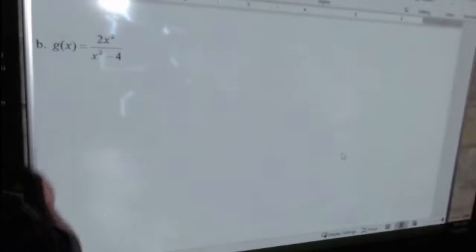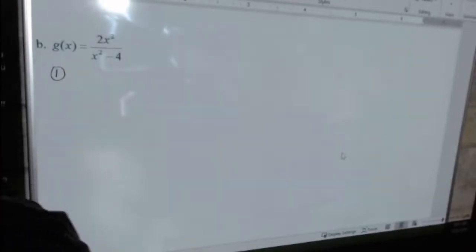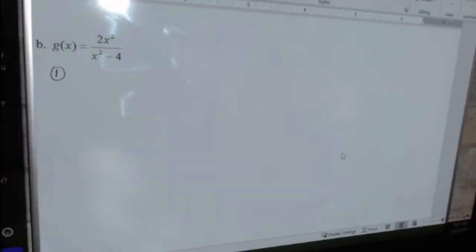Step 1 is what? Right, so let's find the domain.